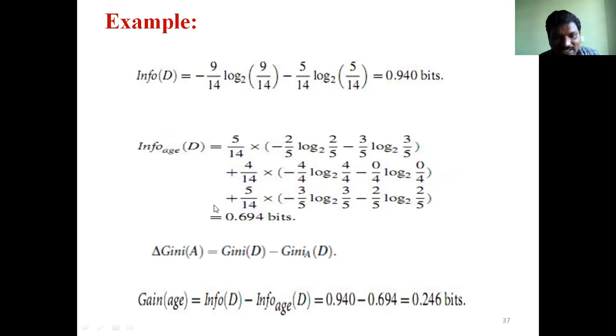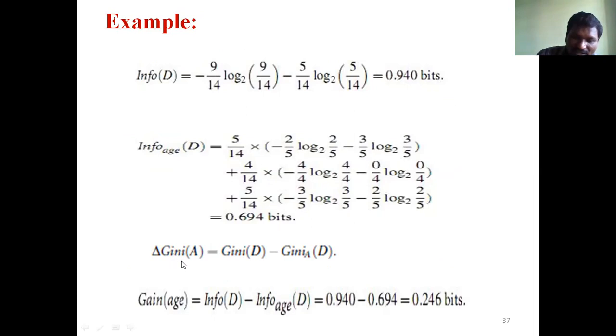For the age, information gain: age equal to senior, age equal to youth, age equal to middle-aged. Based on the age only, I am calculating the information, the splitting value here 0.692.